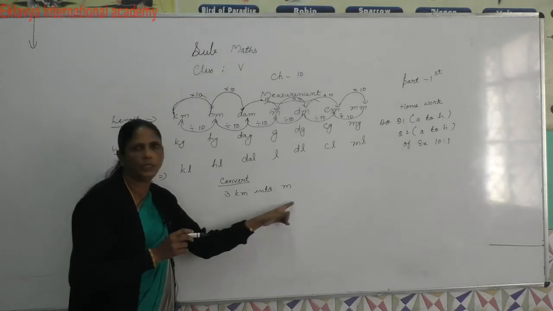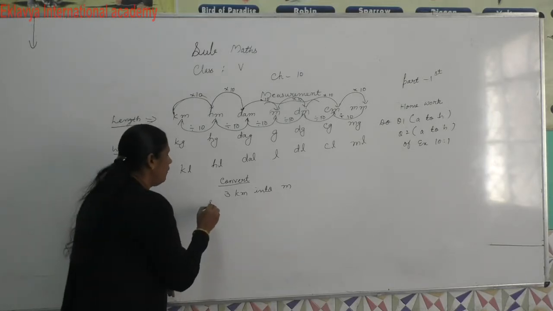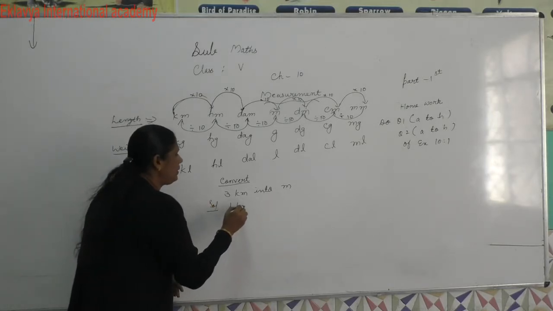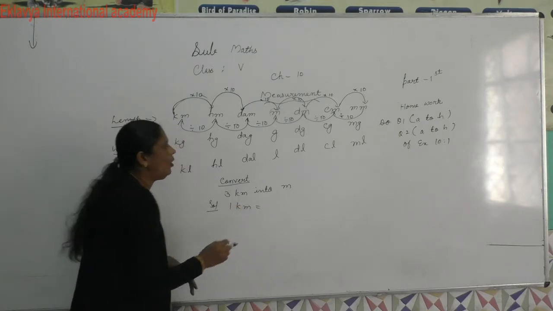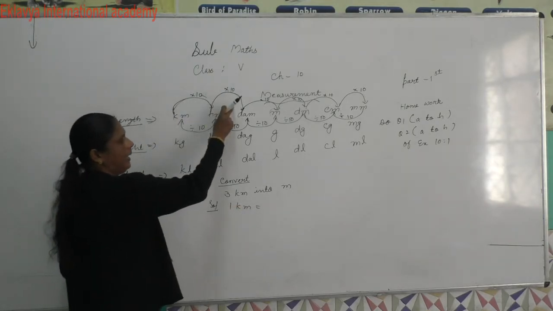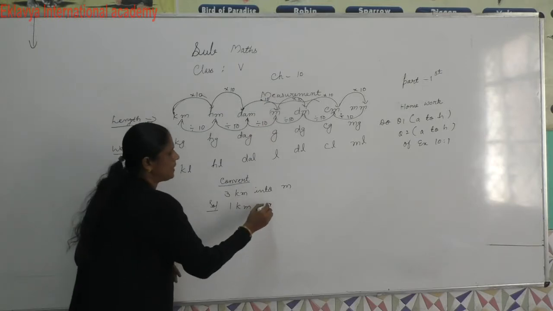Kilometer into meter, how to solve this? 1 kilometer is equal to how many meter? 10, 100, 1000. 1000 meter.